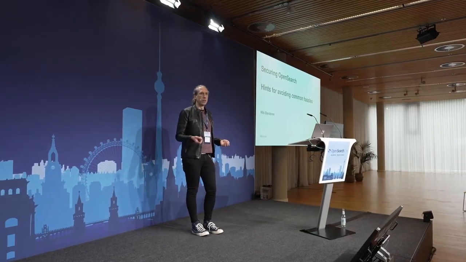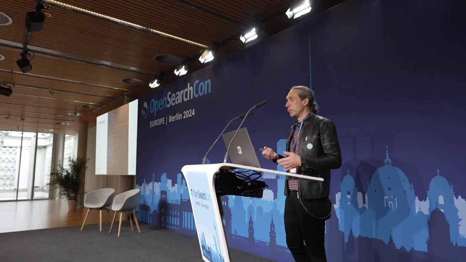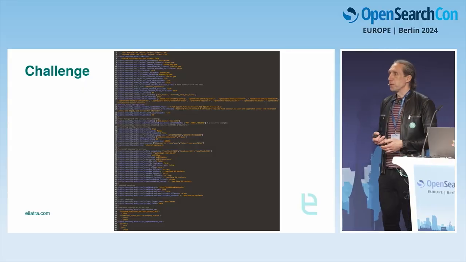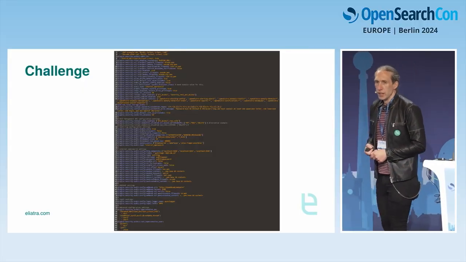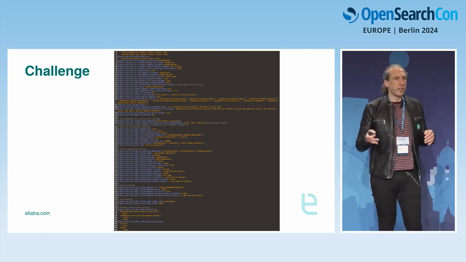One of the major reasons why security is so difficult is that when you open the documentation, you will see hundreds of options you can choose from. Your average config file looks like this, and it's of course difficult. Every option probably has its justification, but you have to say it, some are really nice.